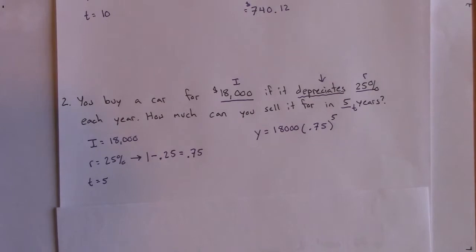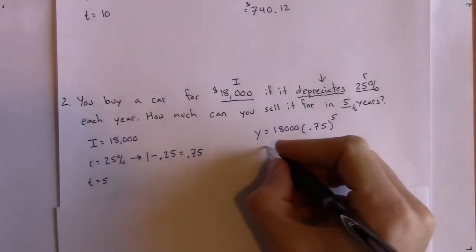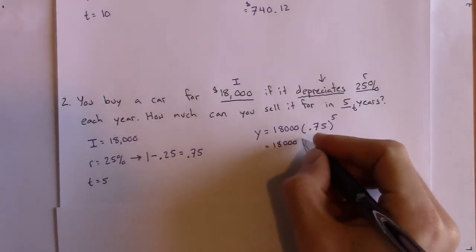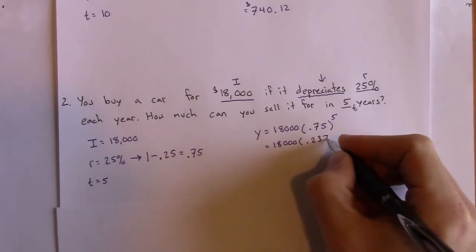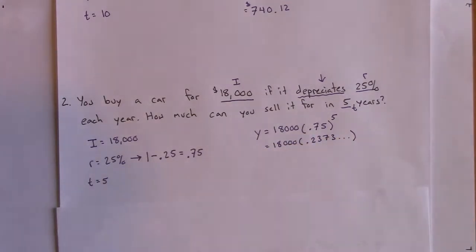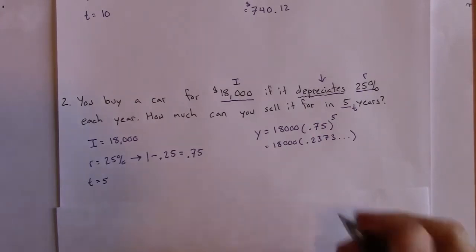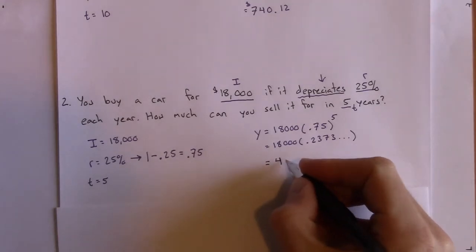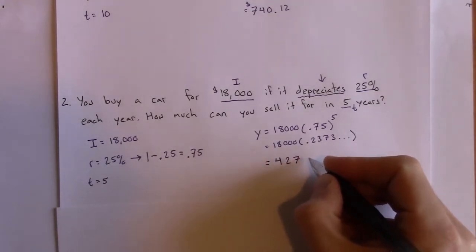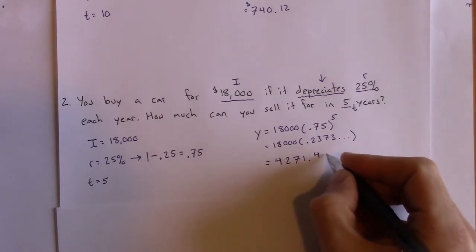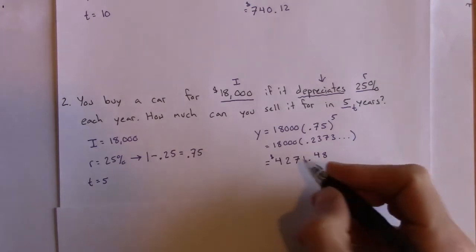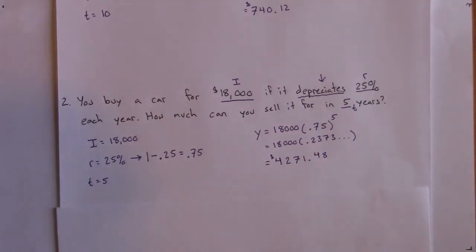Same as before, I need to punch that into my calculator, so I'm going to go 0.75, I'm going to raise that to the 5th, and so I get 0.2373, there's obviously more digits there, times that by my 18,000, and I get that now when I try to sell my car, it's only worth $4,271.48. So it has lost quite a bit of money over those 5 years, and it's down to $4,271.48.